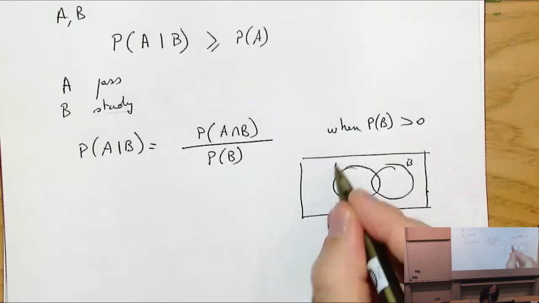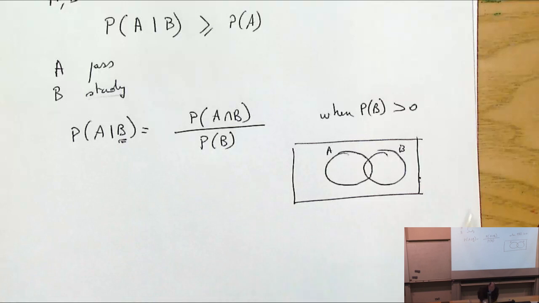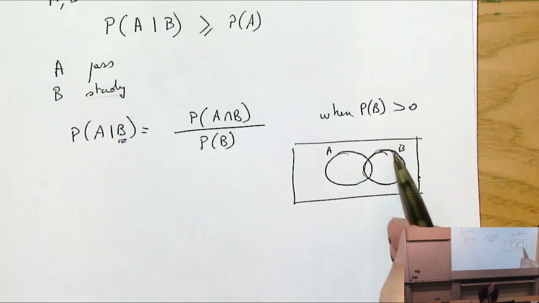and this is B and this is A, we know that B has occurred, right? So you know that you lie within this set here. And what you're looking at is what's the probability of having A occurring given that you're already in B here, right?